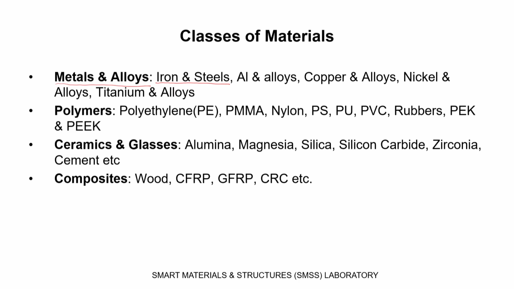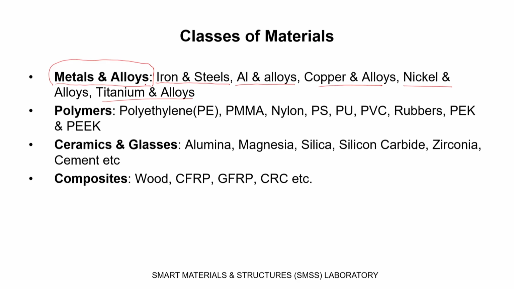Then of course, the ones that are becoming very popular: aluminum and alloys, then copper and alloys, nickel and its alloys, and of course, for biomedical devices and biomechanical applications, prosthetics, as well as for spacecrafts, rockets, etc., titanium and alloys. So, this is one major group of materials that we have to consider.